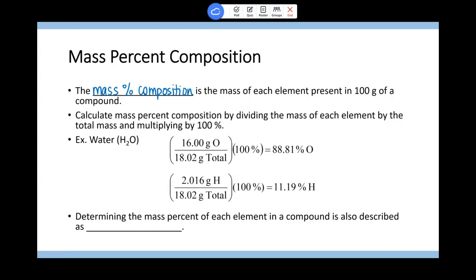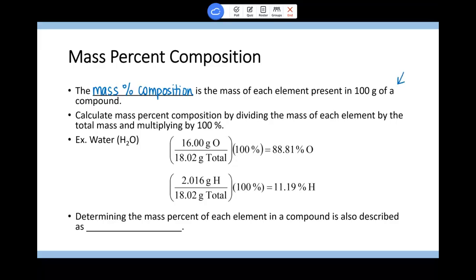So this example here, we've seen this example of water in the past. We have 18.02 grams of water, and we should have 16 grams of oxygen present. If we multiply that by 100%, we have 88.81% oxygen.